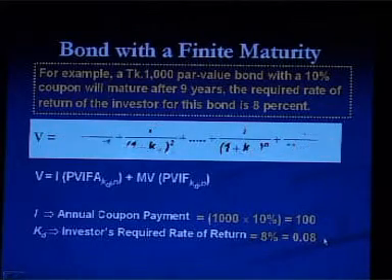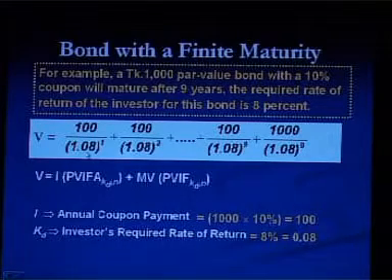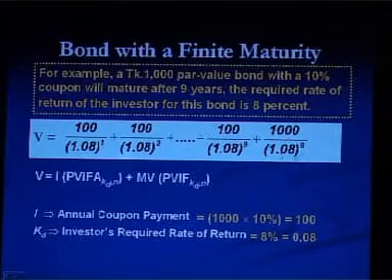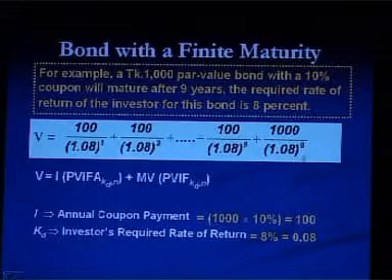Now in the formula we can put this value, where I is equal to 100 and KD is equal to 0.08. So, it will be 1 plus KD, that means 1.08, and it will continue up to 9 years, because the bond will mature in the 9th year, and at the end of 9 year we will get the face value 1000, and to get the present value we have to divide it by 1.08 to the power 9.